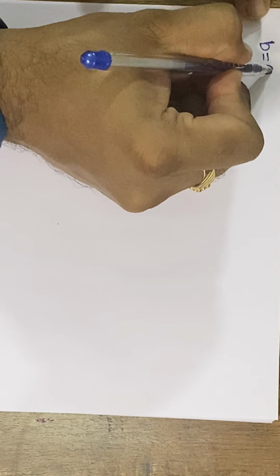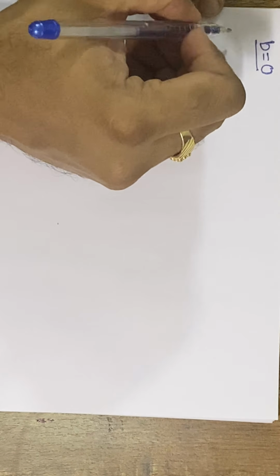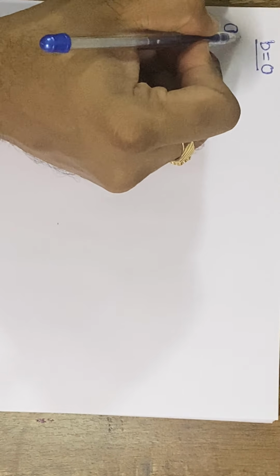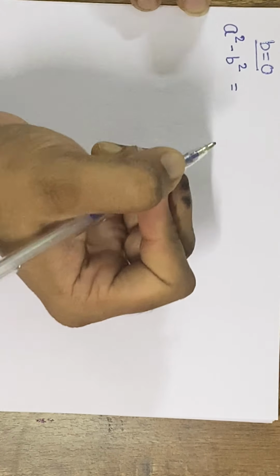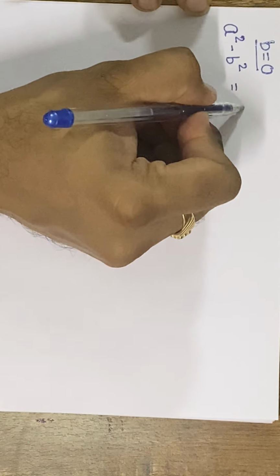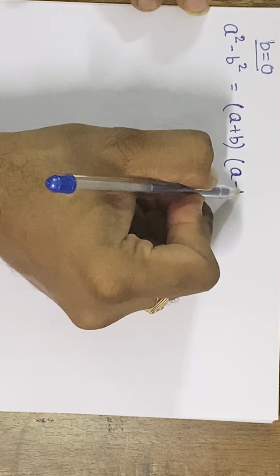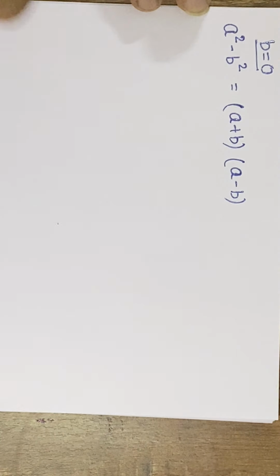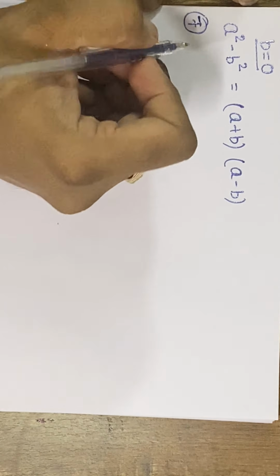Now we will see factorization where b is equal to 0. For this, you must have encountered one formula in your lower grades, when you were in MYP 4 or 3. A square minus B square can be written as A plus B times A minus B. So I'll take one quadratic equation, example number 7.